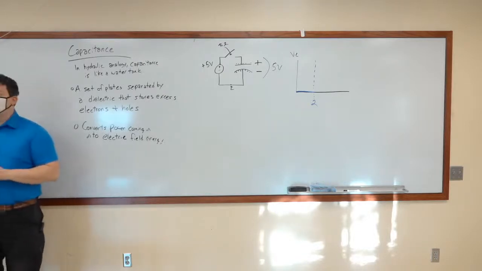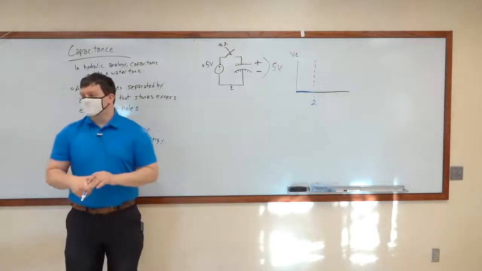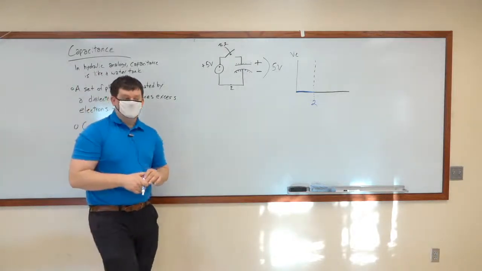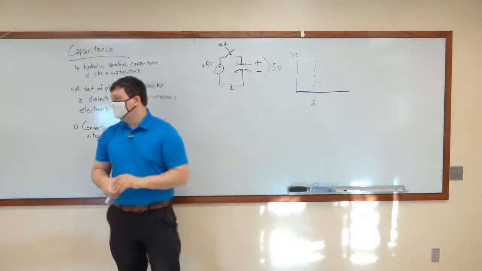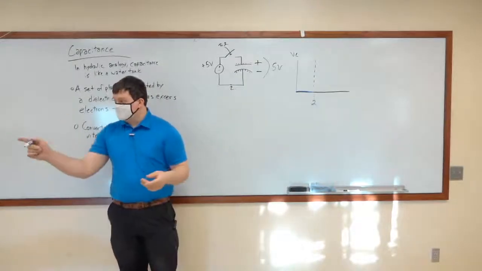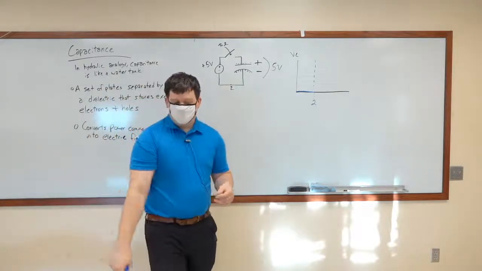Anybody want to guess? Any bold individual caring to go into uncharted territory? It's Tom Holland. Huh? It spikes up. Why does it spike up? Because of 5 volts and it's getting resistant.